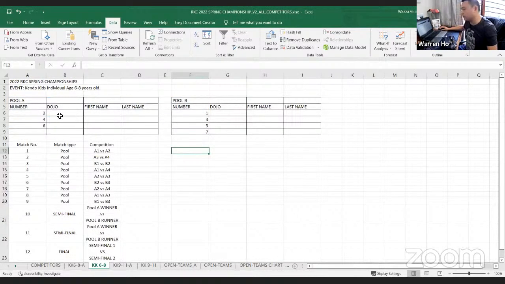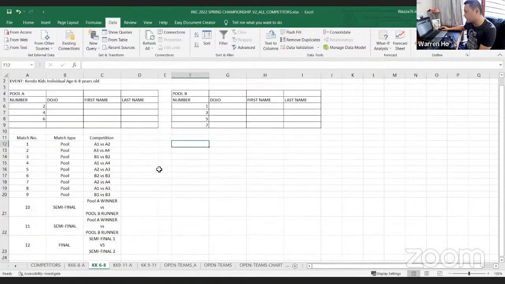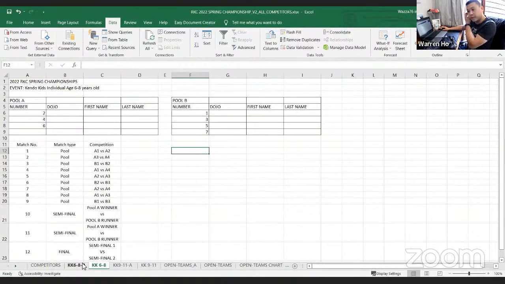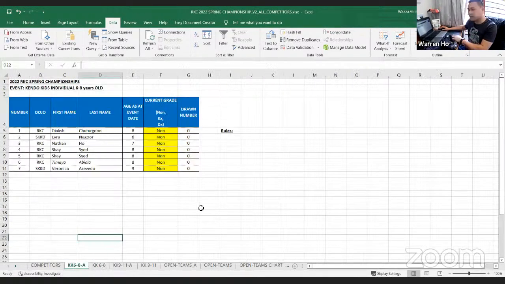Pool A gets all the even numbers, 2, 4, 6, and pool B gets the odd numbers, 1, 3, 5, 7. The only difference is that in pool A the kids will compete against each other twice. In pool B they'll compete against each other 3 times, and move on to the semifinals and finals. It does seem a little bit complicated, but I will send this all to the dojo leaders and have it online so that people can look at it later on.